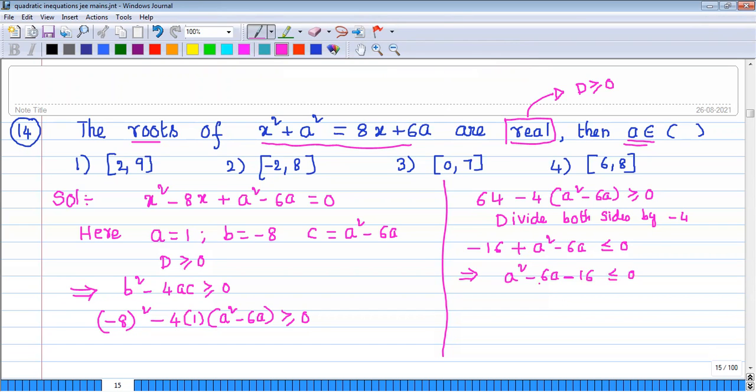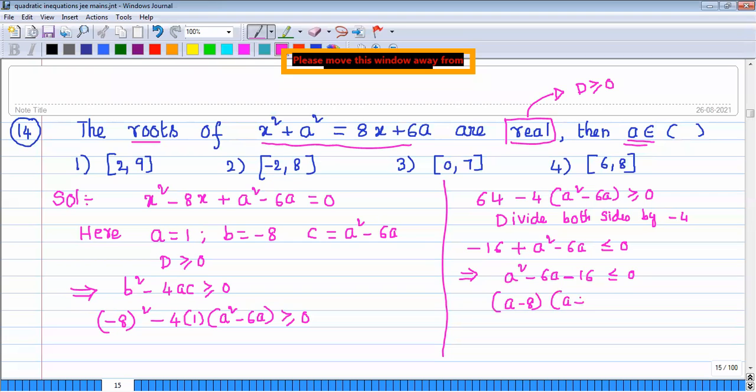So what are the factors of a square minus 6a minus 16? The factors are a minus 8 into a plus 2. Can I write? Yes, sir. a minus 8 into a plus 2 less than or equal to 0.